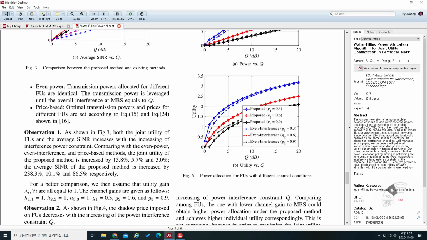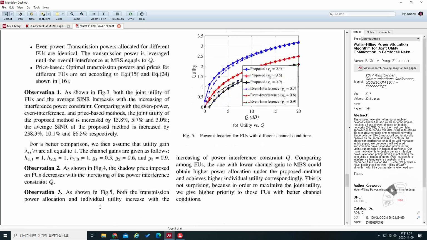Observation 2: as shown in figure 4, the price imposed on FUs decreases with the increasing of the interference constraint Q. Observation 3: as shown in figure 5, both transmission power allocation and the individual utility increase with the increasing of the interference constraint Q. Comparing among FUs, the one with the lower channel gain to the MBS could obtain higher power allocation under the proposed method and then achieves higher individual utility correspondingly.